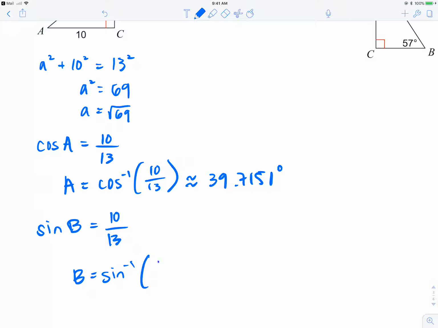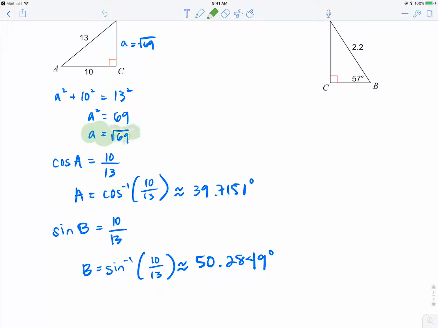So inverse sine of 10/13 is 50.2849 degrees approximately.